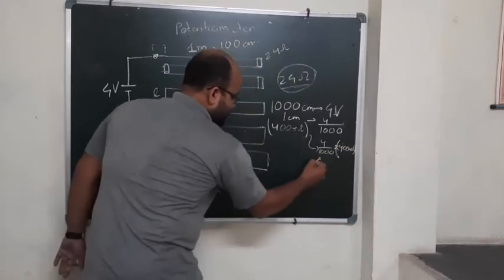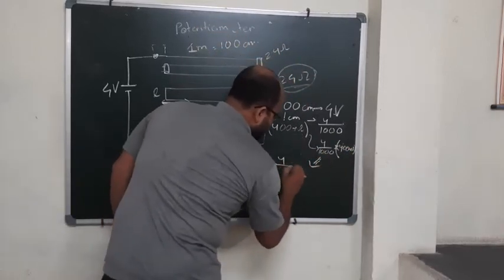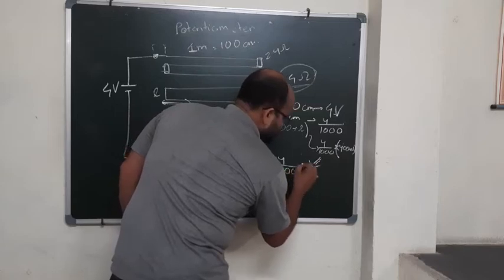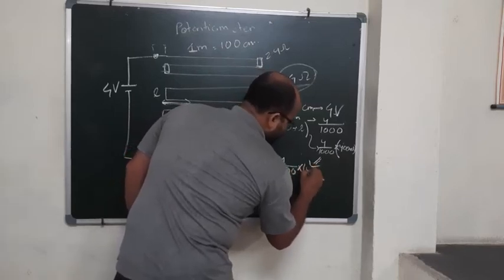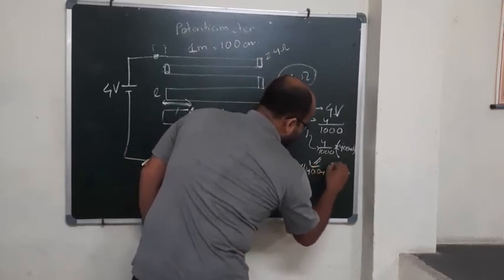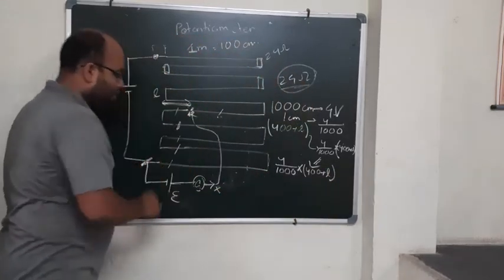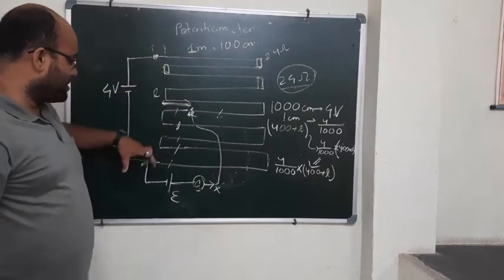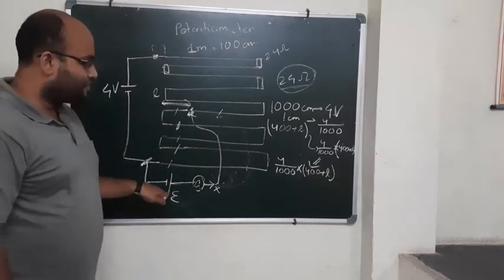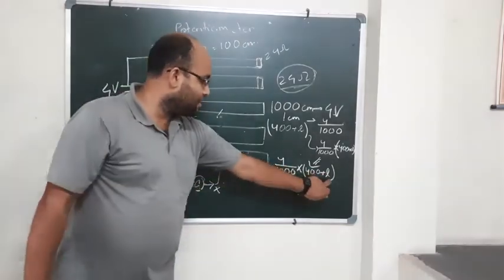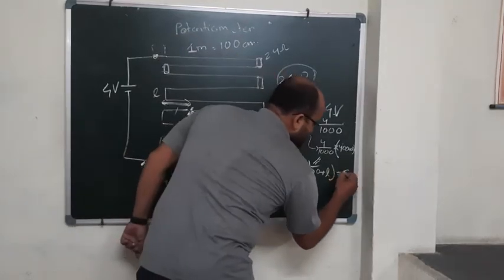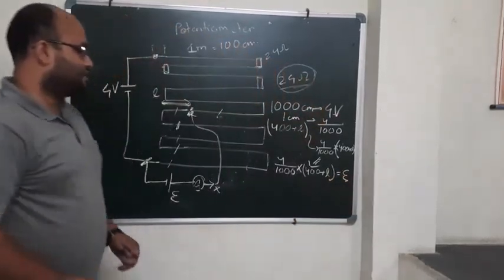This is the potential difference between this point and this point, and this is equal to the EMF of the cell. So if I know L, I can easily tell the EMF of the cell.